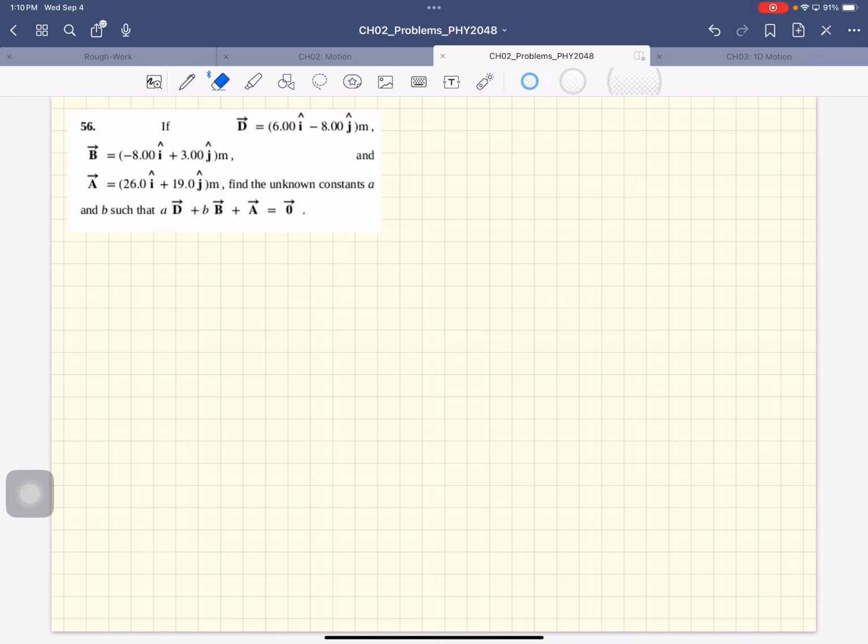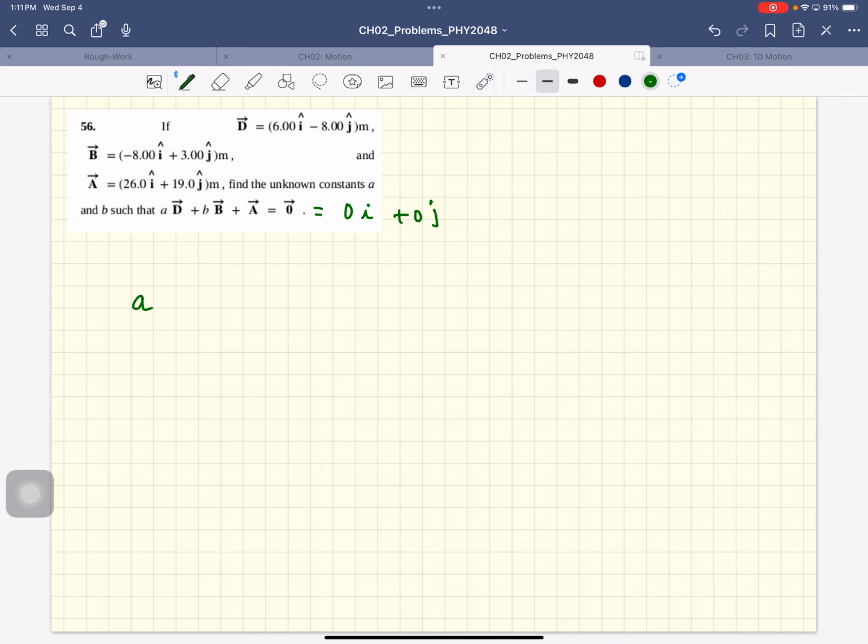What this is saying is a times dx. The 0 vector is 0i plus 0j, since we're dealing in two dimensions.